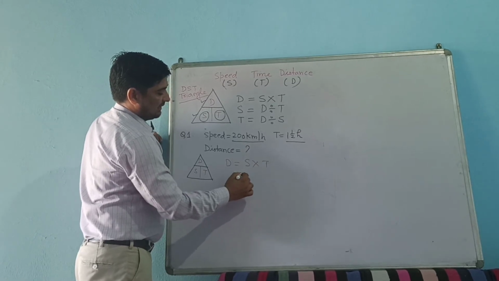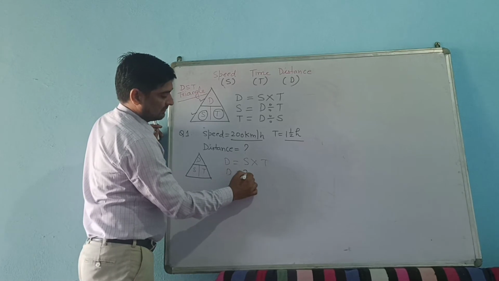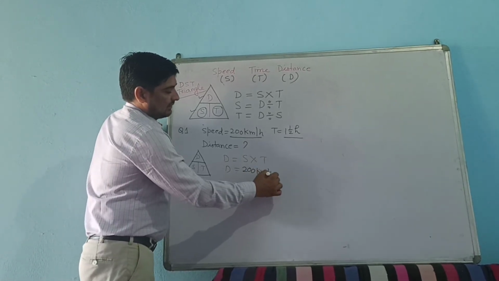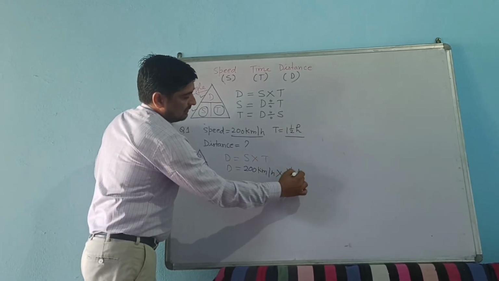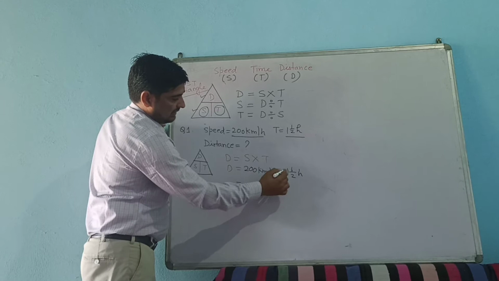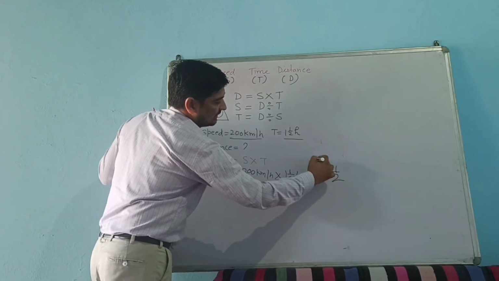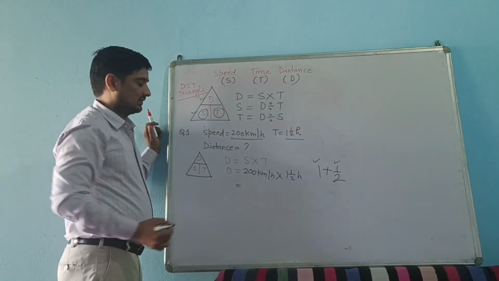So what are the things given to you? You just write the values. So speed is given 200 km per hour into time is given 1.5 hour. Okay, so first I will calculate for 1 hour. 1.5 means 1 plus half. So first we can calculate for 1 hour and then for the half hour.